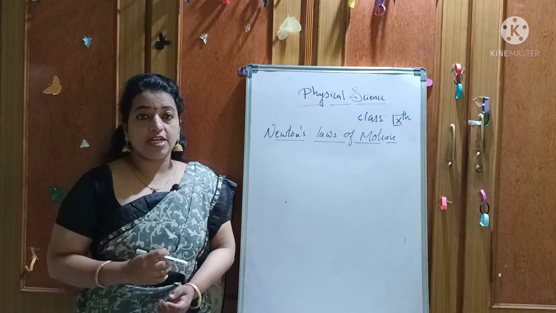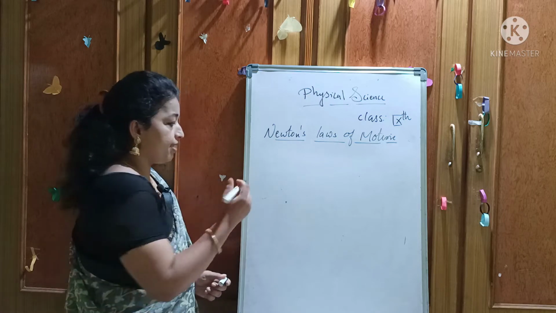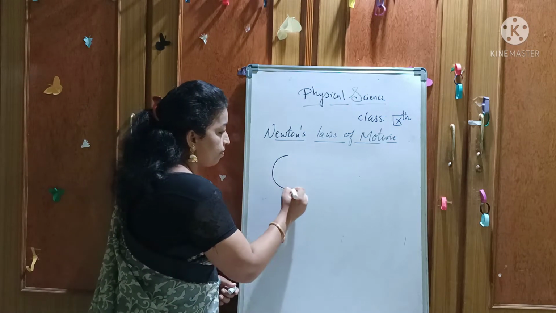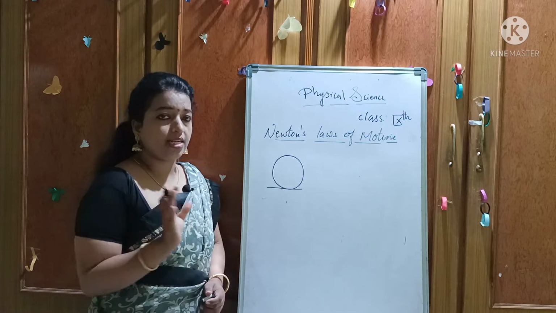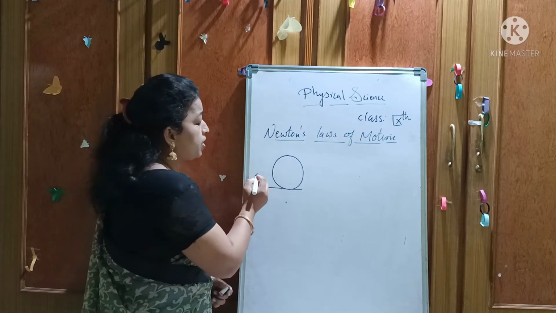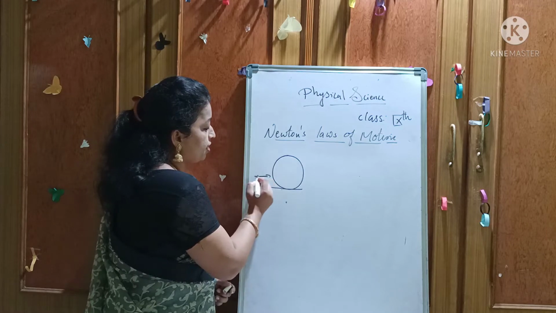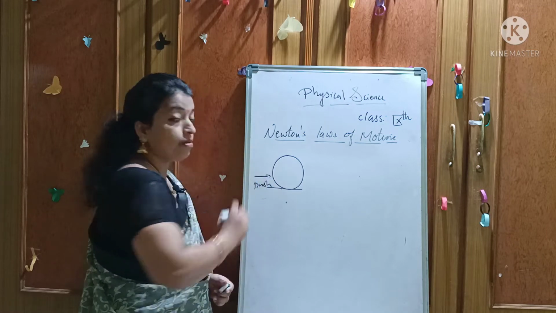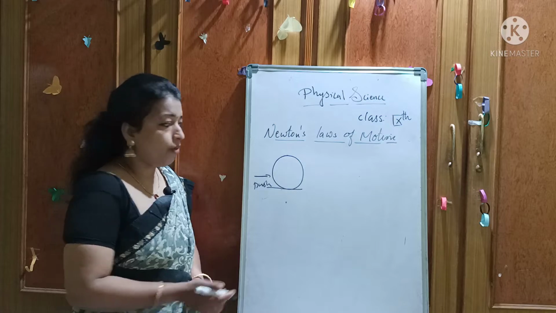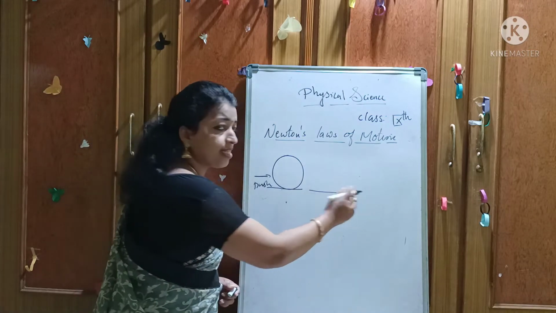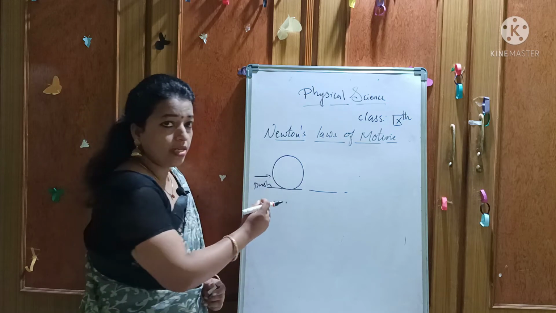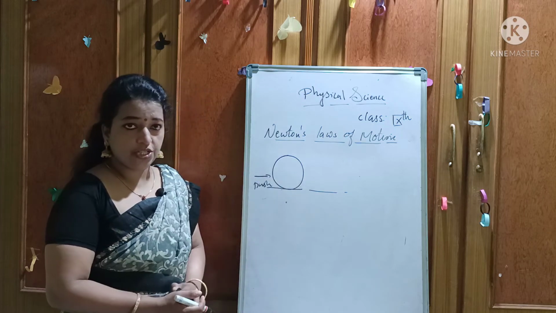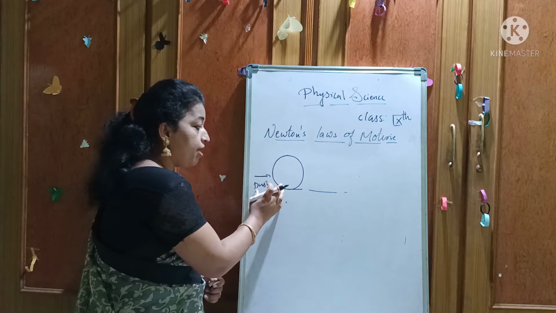Before the explanation, just one example. Suppose this is a ball on the ground at rest. Suppose I give a gentle push to this ball. What will happen? Of course, it will get acceleration. When I push the ball, it gets acceleration.